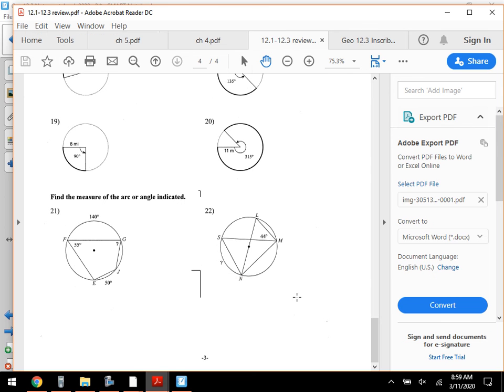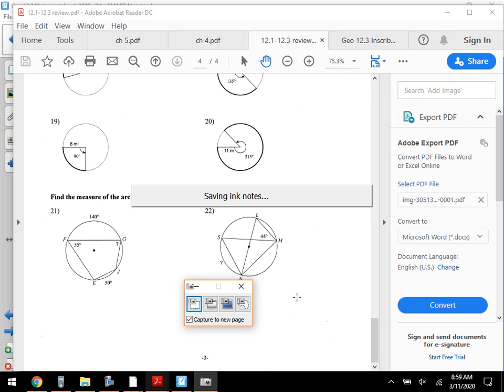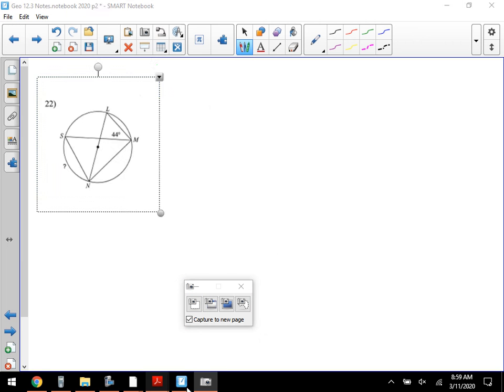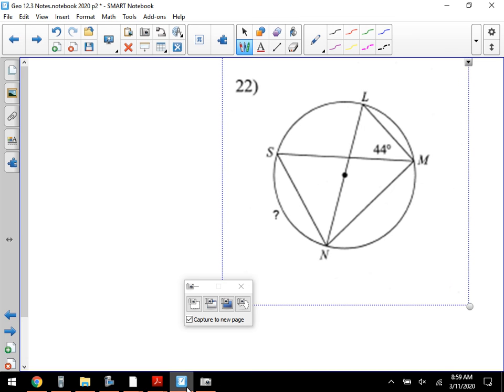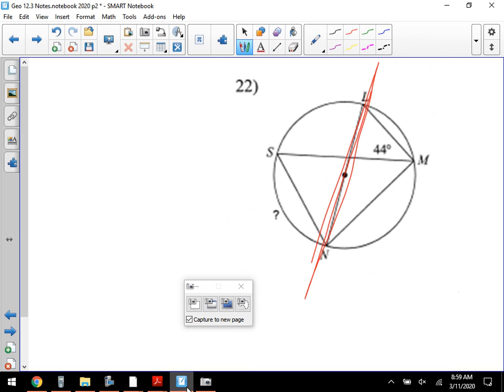Is there anything on there that looks like it's a radius? I'm not sure, a diameter. Yeah, that looks like a diameter.